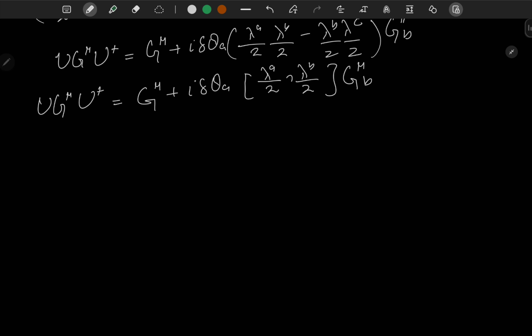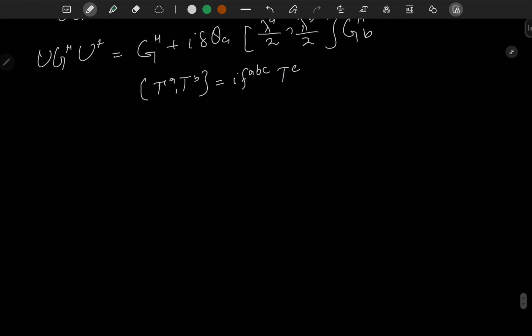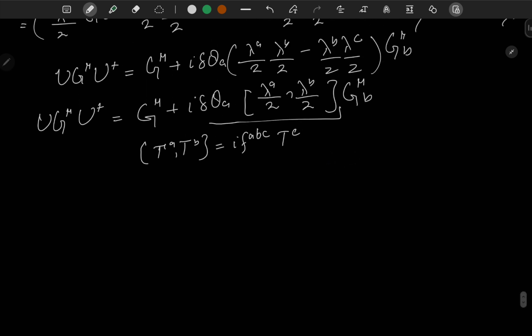Okay, so if we recall that I have introduced the structure constants, and the commutation relation was something like that. Structure constant times. Okay, so this commutation relation can be written in terms of this structure constant.